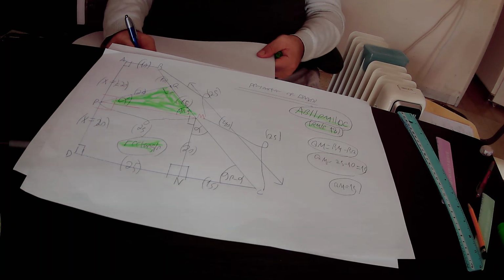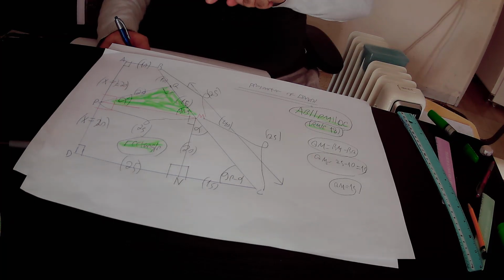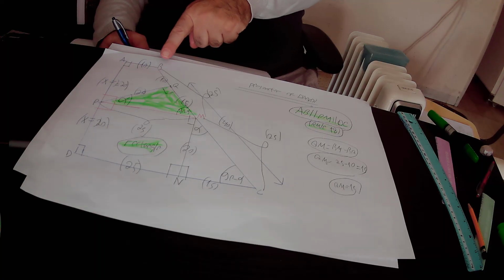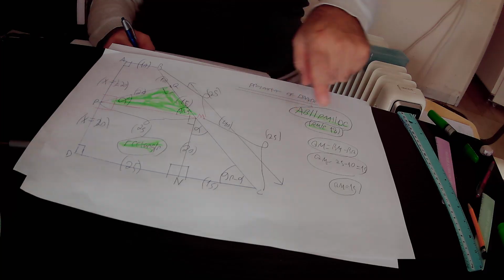So, in the second method, we do a construction, that is to say, from point B, we will draw a perpendicular on PM. Again, from point B, we will draw a perpendicular on PM.